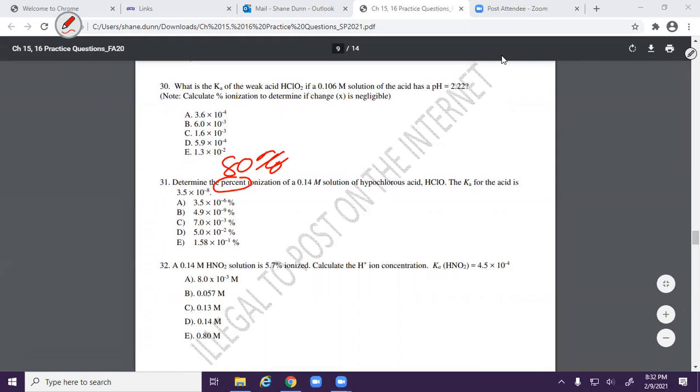So this right here is your weak acid, and it's going to be at equilibrium.